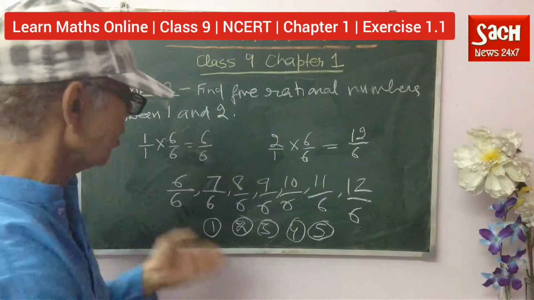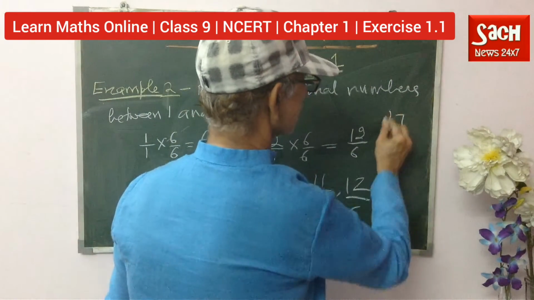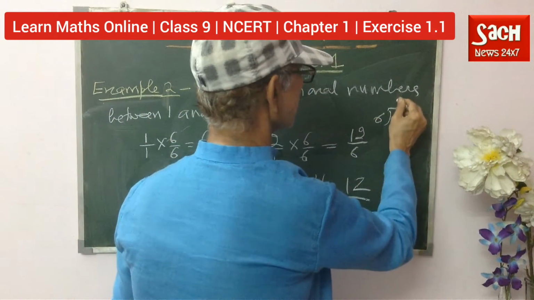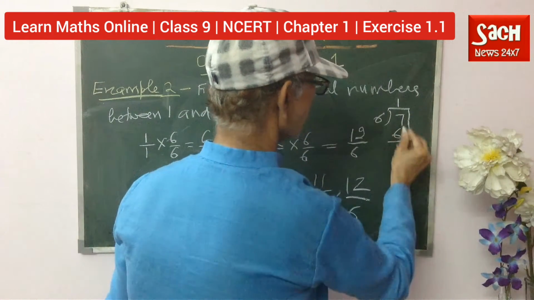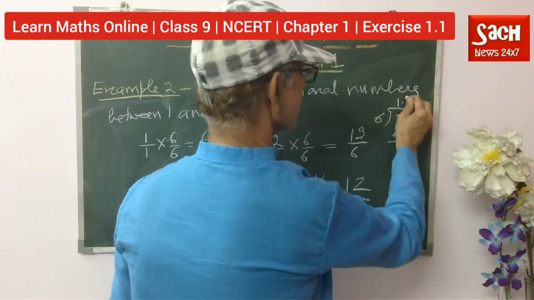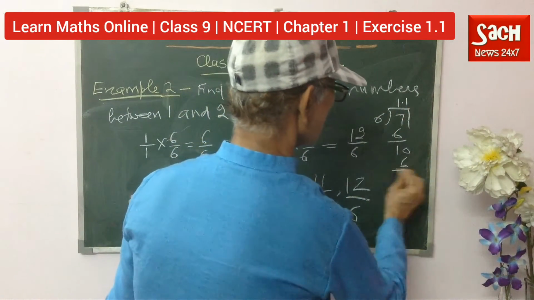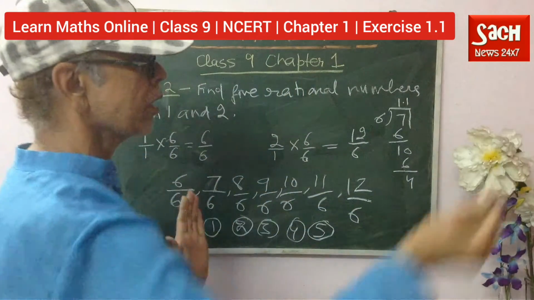How will you check it? To check that your answer is true, I tell you the simplest way. You divide 7 by 6. It comes 1.1 like that.